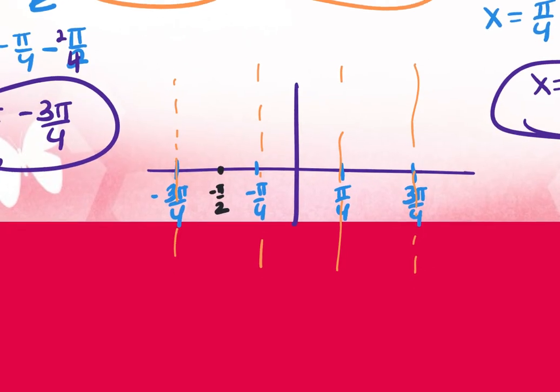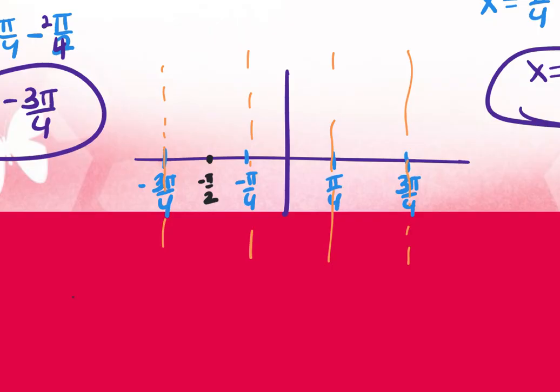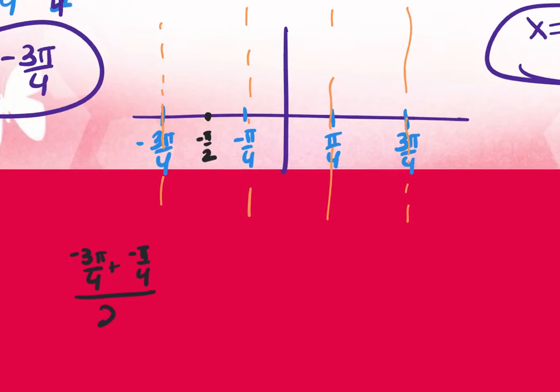Then the way you're going to find that middle point is add the 2 asymptotes together and then divide by 2. So I'd get negative 4 pi over 4 over 2, which is negative pi over 2. So if it's obvious, then you save yourself the work. If you have to find it, then you add the 2 asymptotes, divide by 2.